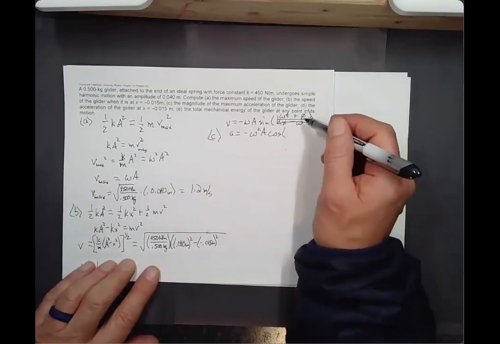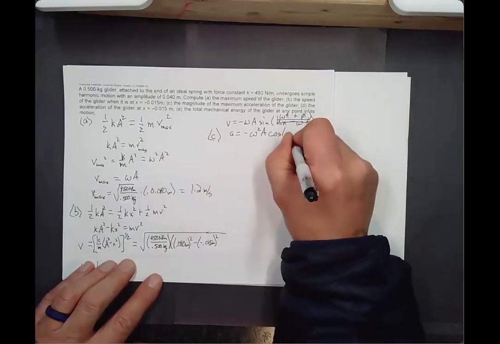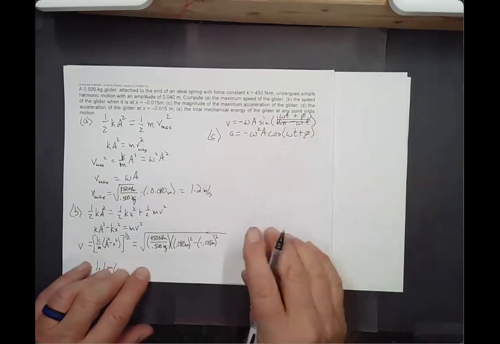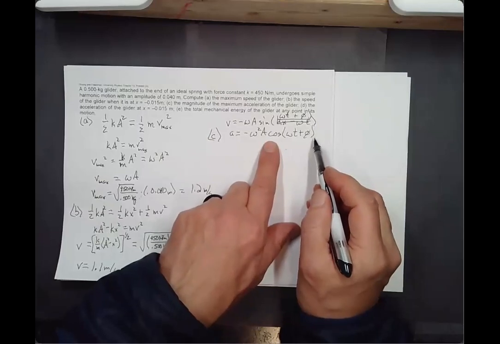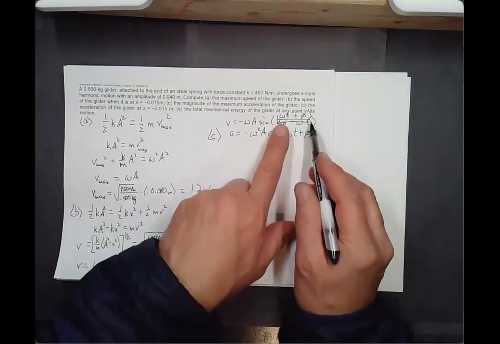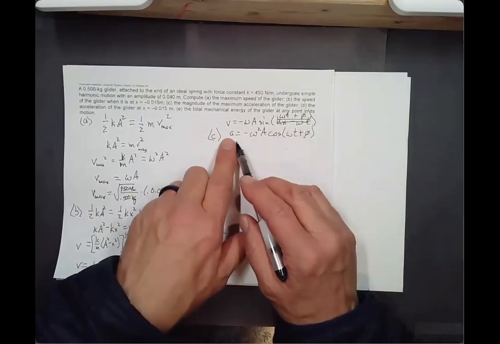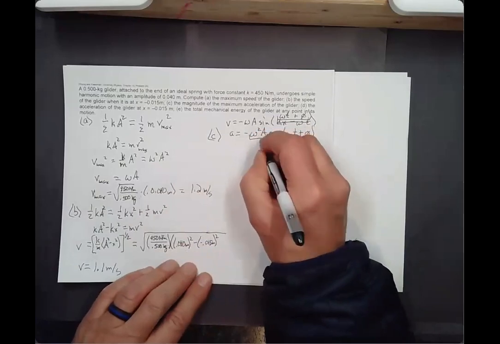Man, it's interesting how stuff gets lodged in your brain. But anyway, we'll have cosine of omega t plus phi. But the maximum value of the cosine function is 1, just like the sine function, which means the maximum acceleration is just omega squared a.